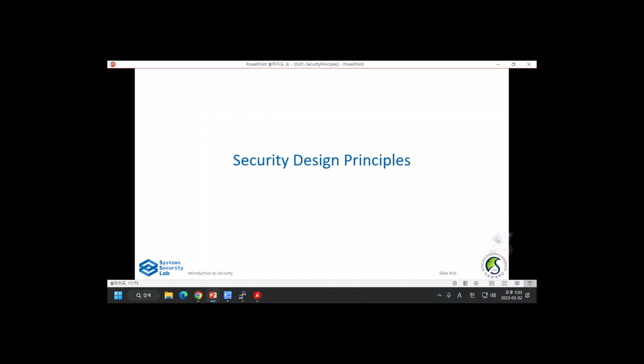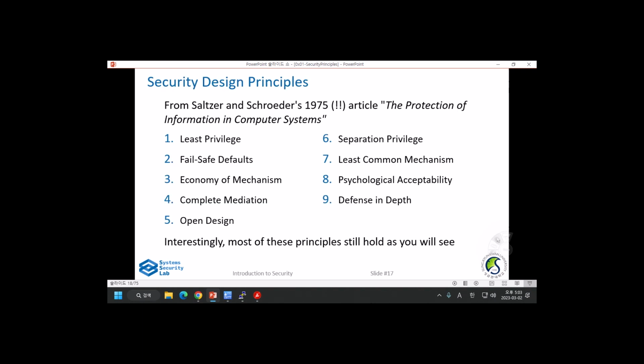All right, next we're going to discuss security design principles. So this is from a very, very old article from Saltzer and Schroeder's 1975 article, The Protection of Information in Computer Systems. So it has 9 principles: least privilege, fail-safe defaults, economy of mechanism, complete mediation, open design, separation of privilege, least common mechanism, psychological acceptability, defense in depth.